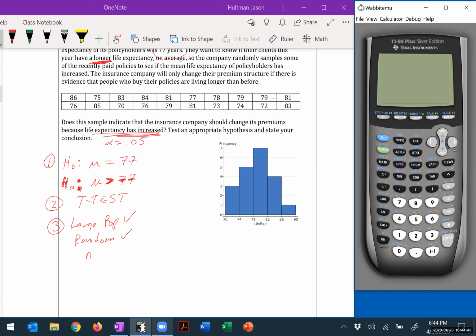You only do a z-test when you know that the population is normal and when you know what the population standard deviation is, which is almost never known to you. If you have a proportion, you do what's called a one-prop z-test. They're different.